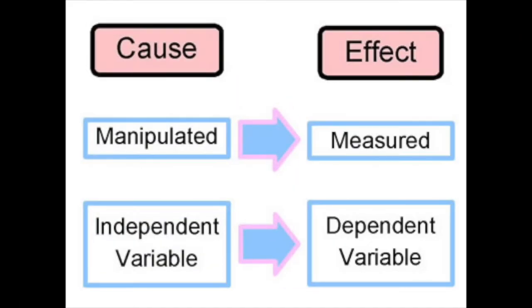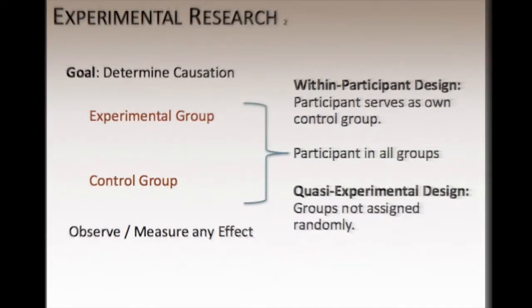Experiments consist of two types of variables, an independent and dependent variable. The independent variable is the variable that is manipulated in an experiment. The dependent variable is the result of manipulating the independent variable. The dependent variable is the variable that the researcher measures.